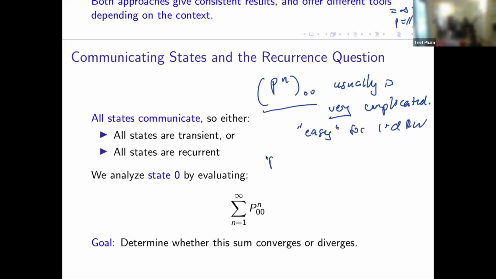Okay, so let's see. Can anyone tell me what they think P to the n at 0, 0 is? Remember, a step right has probability p, and a step left has probability 1 minus p, or q. Express this term in terms of n, p, and q.